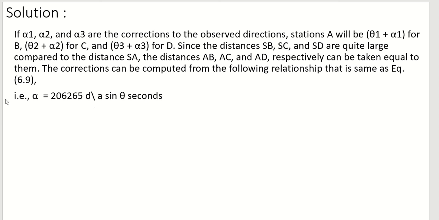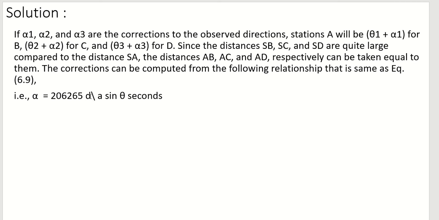The formula used is alpha 1 equals 206265 times d divided by a sine theta, where alpha is the correction and d is the distance of the baseline.